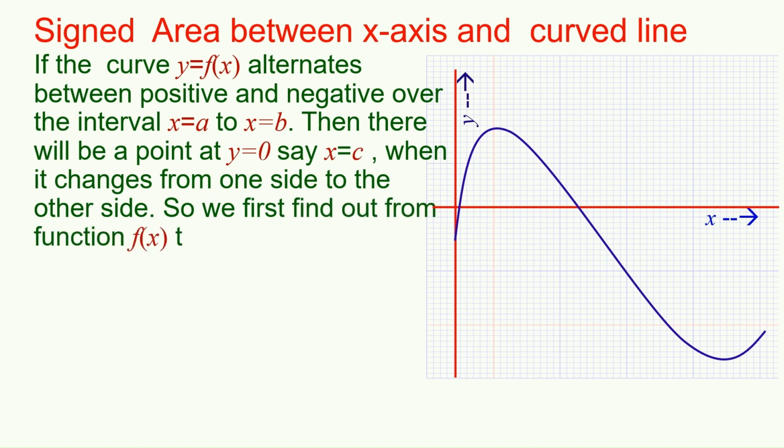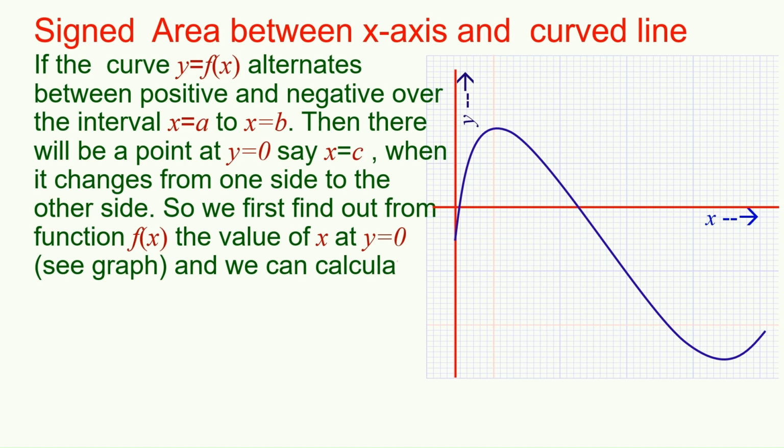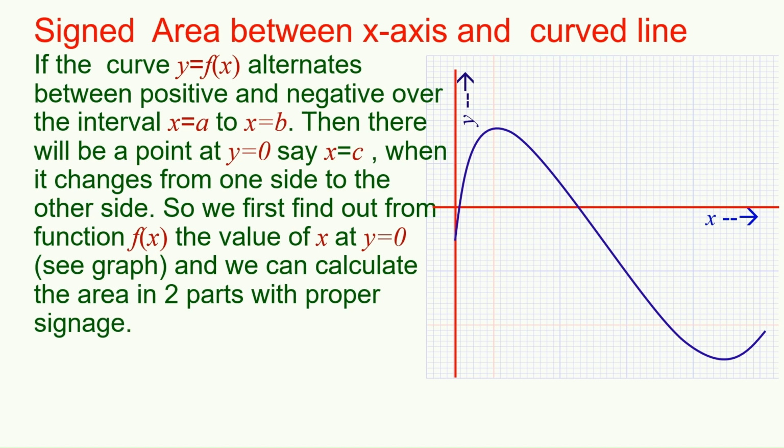So we first find out from function f(x) the value of x at y equals 0. See graph, and we can calculate the area in two parts with proper signage.